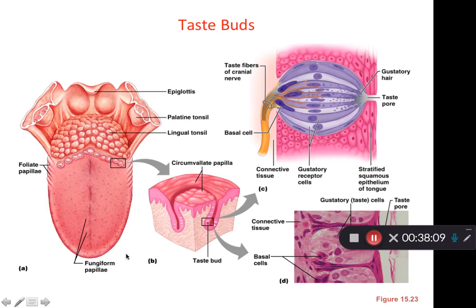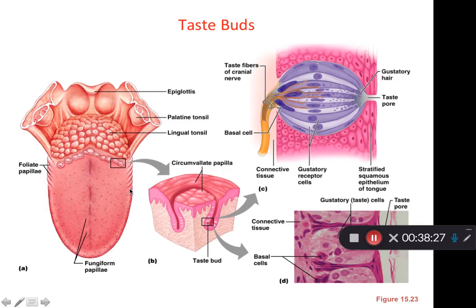So this is the anterior part. The anterior part is 2/3 of the whole tongue, so this is called the anterior 2/3 part.